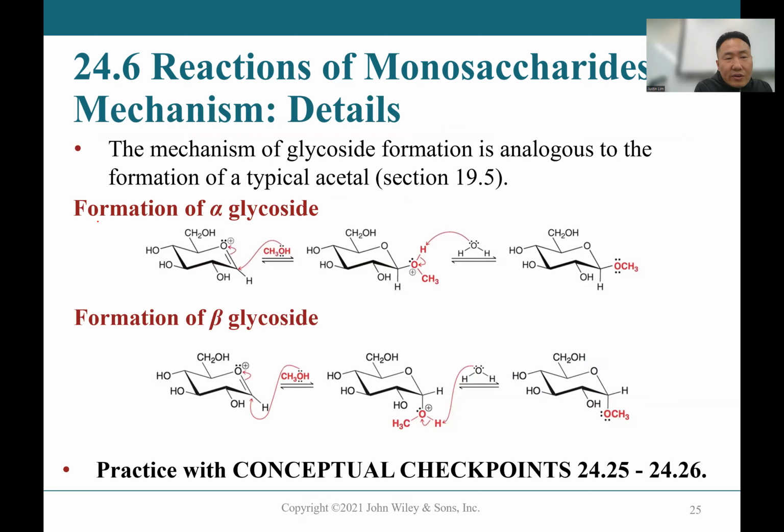Then we can generate the formation of this one, beta, and this one, alpha. Methanol attacks the carbon to generate the beta glycoside. And the other side attack, and then we can generate the alpha glycoside.